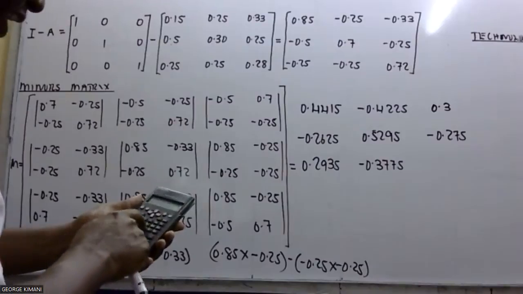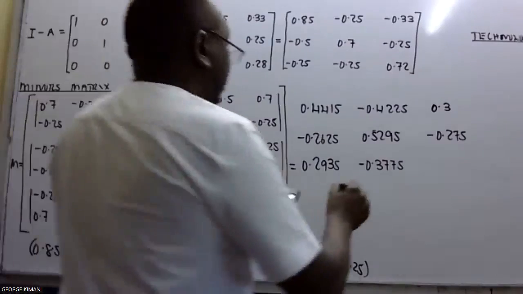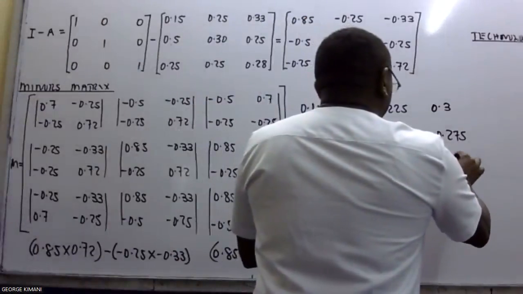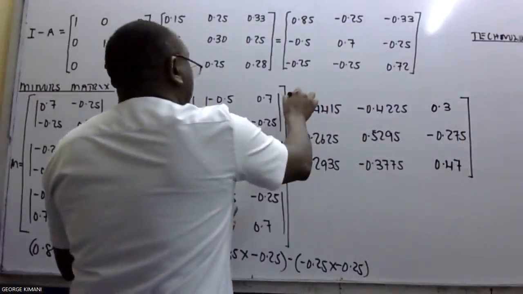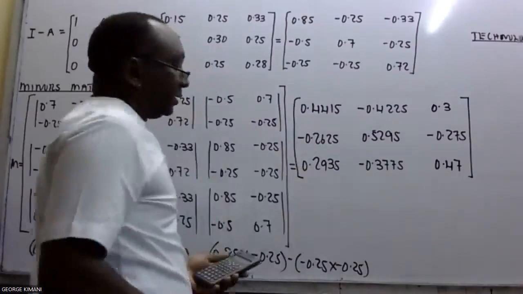Minus 0.25, 0.47. Perfect. Good. So now that is what is called the minus matrix.